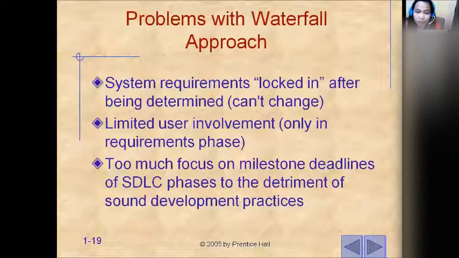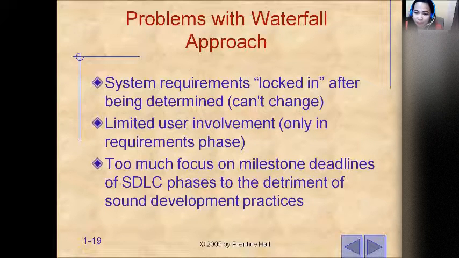There are problems with the waterfall approach. Of course, there are advantages and disadvantages to each methodology, so let's discuss this one. First, system requirements are locked in after being determined and can't change.